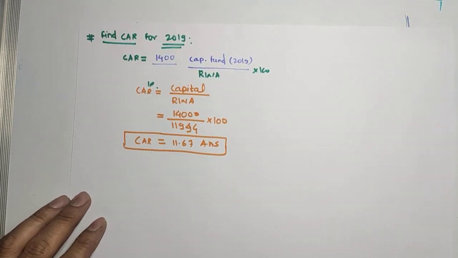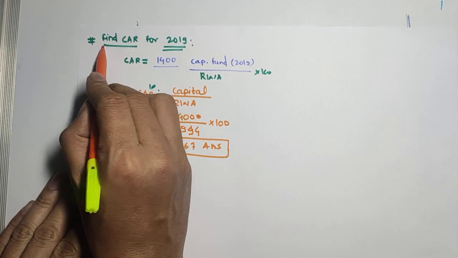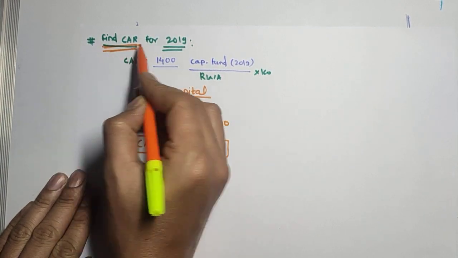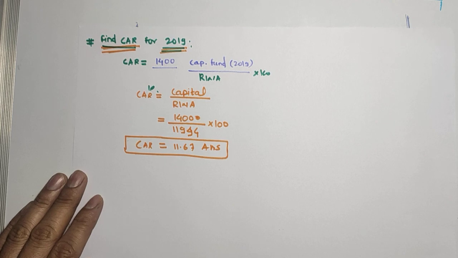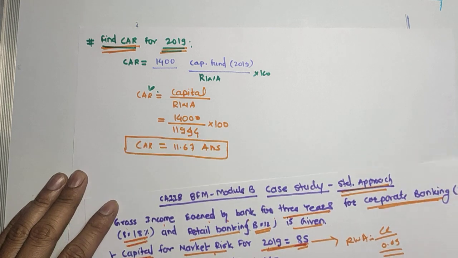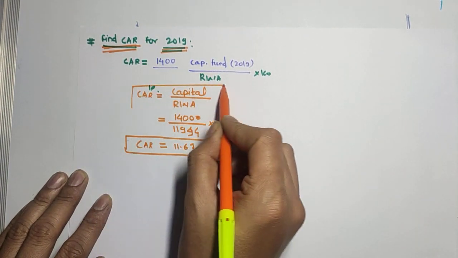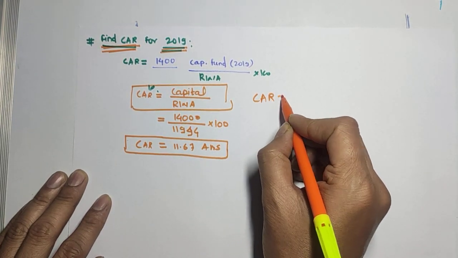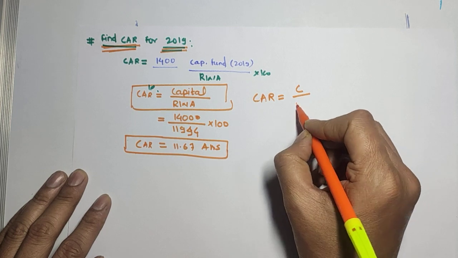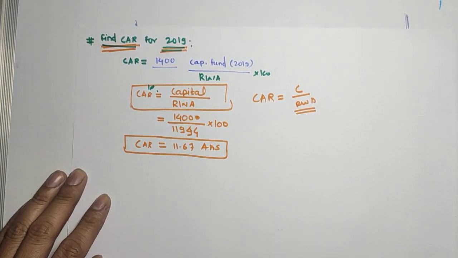Next important is to find the CAR, the capital adequacy ratio, for the 2019 year. You have to remember the formula first: capital adequacy ratio is equal to capital divided by RWA. What is the capital C here?